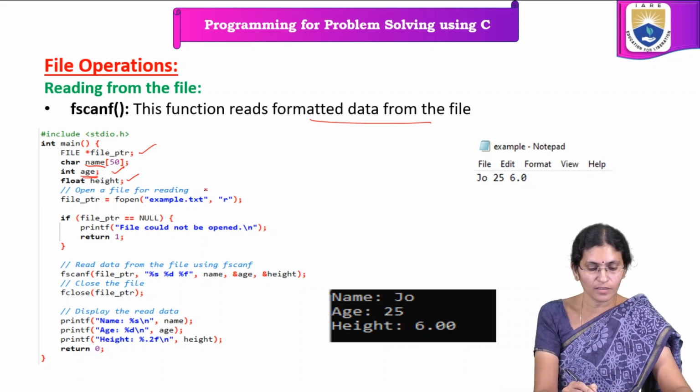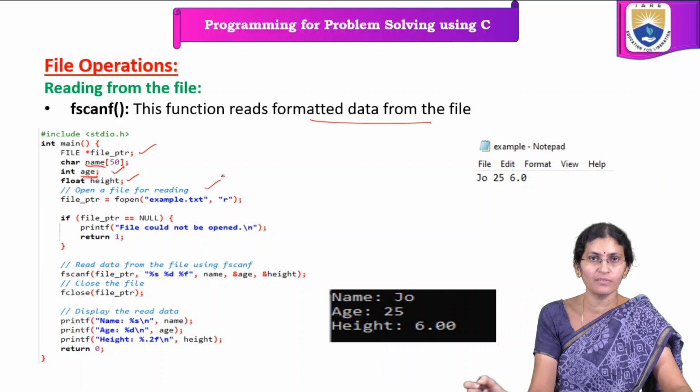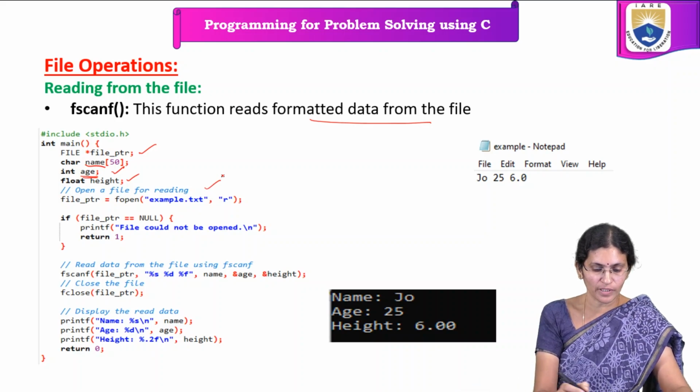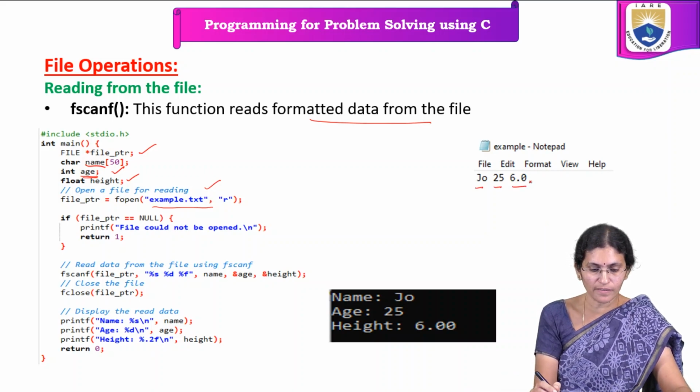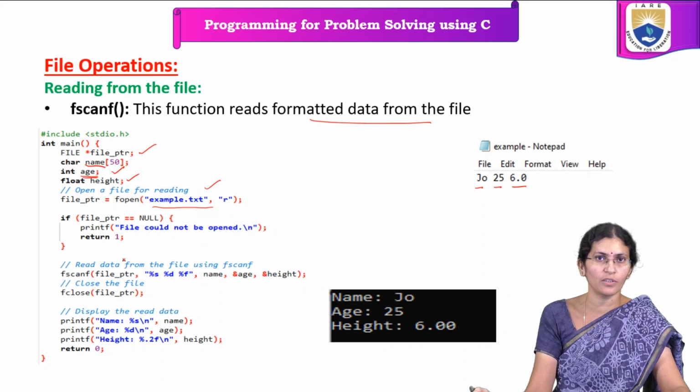Next, after declaring the variables, first we need to open the file for reading purpose. So we have opened the file example.txt in read mode. These are the contents of example.txt: Joe, 25 and 6.0. Now we have to check whether the file is opened successfully or not.